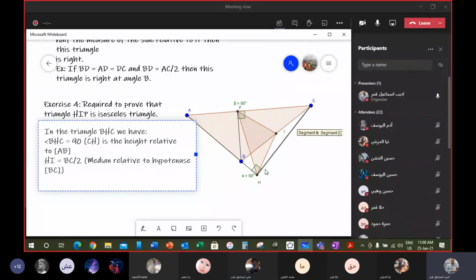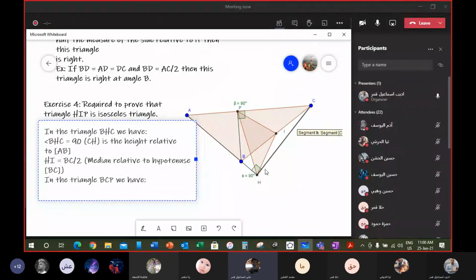In the triangle BCP we have angle BPC equals 90 degrees. Why 90?